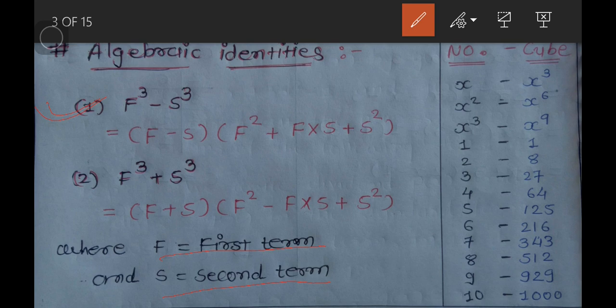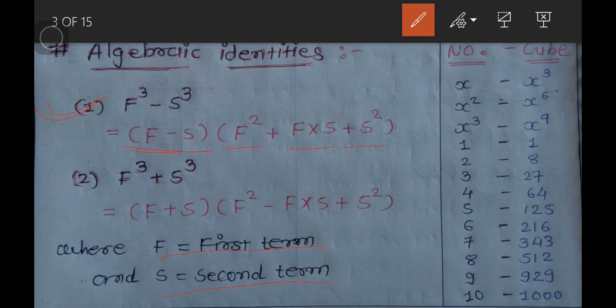Then we can factorize it as, in bracket, f minus s. If there is a negative sign between the first term and the second term, then we take the cube root of the first term and the cube root of the second term, and we put here in bracket f minus s. Then the square of the first term, plus the product of the first term and second term, plus s square.